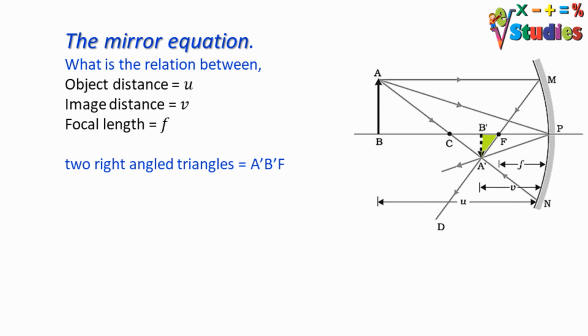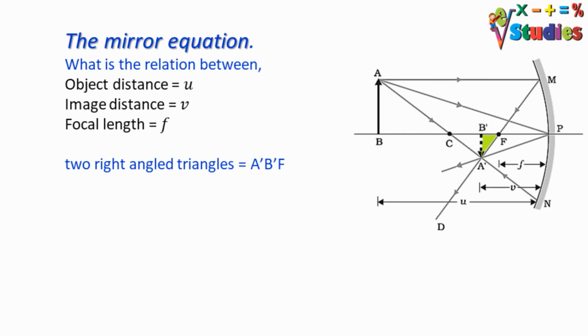However, if all the rays emanating from point A get reflected on the mirror surface and pass through the point A dash, then that will be the image of A. It applies to all the points of the object AB, from A to A dash and up to B dash. We can have the whole image created as a result of the reflection of all the rays emanating from those particular points of the object.